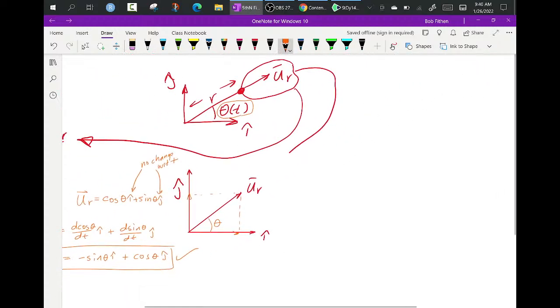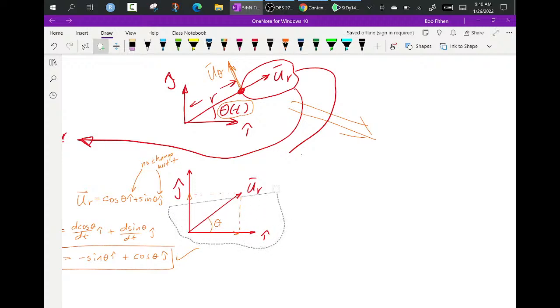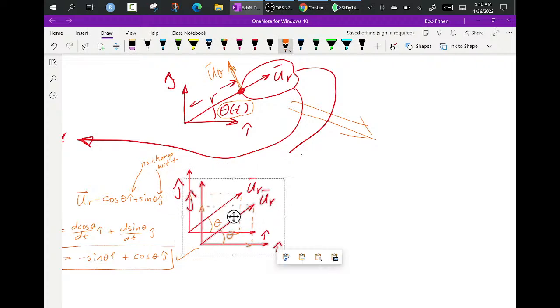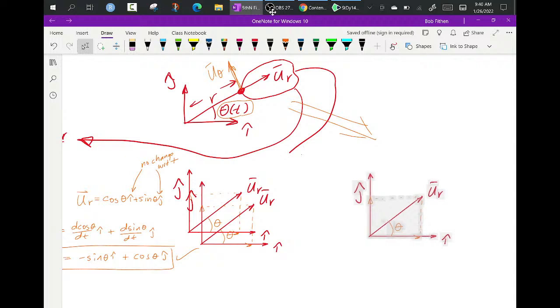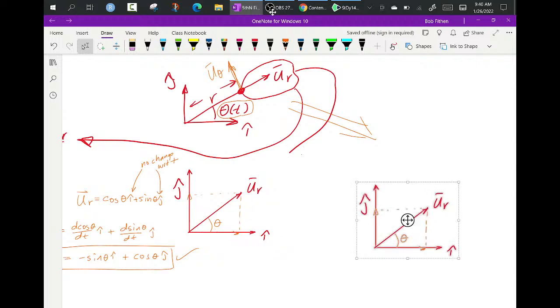Let's compare it by looking at our original drawing. This time we'll put our u theta back on there. And over here, I'm going to redraw this. Okay, give me a second here. You know what? Here's what I'll do. I'll do a copy and a paste. And I'll take this and put it right here.